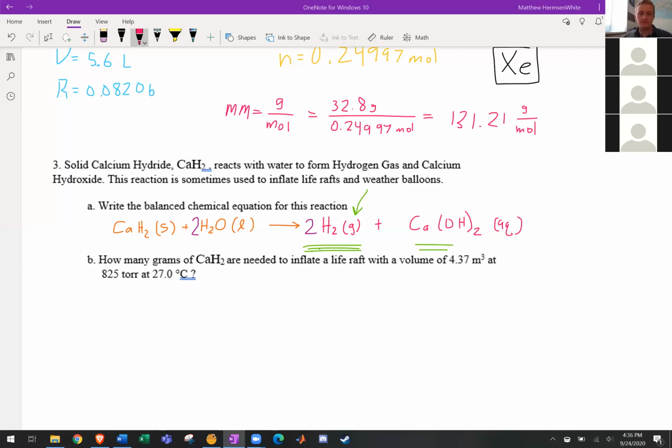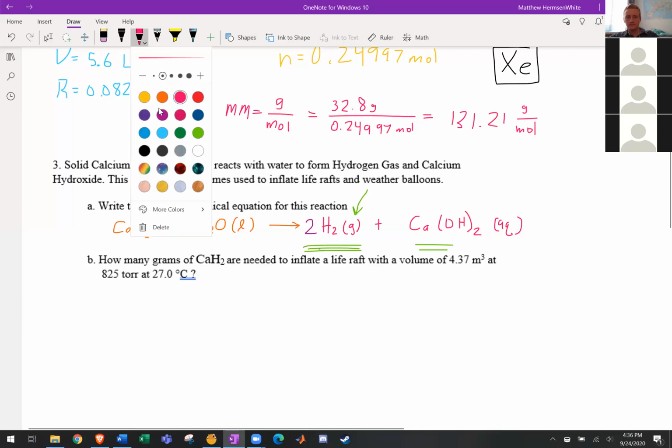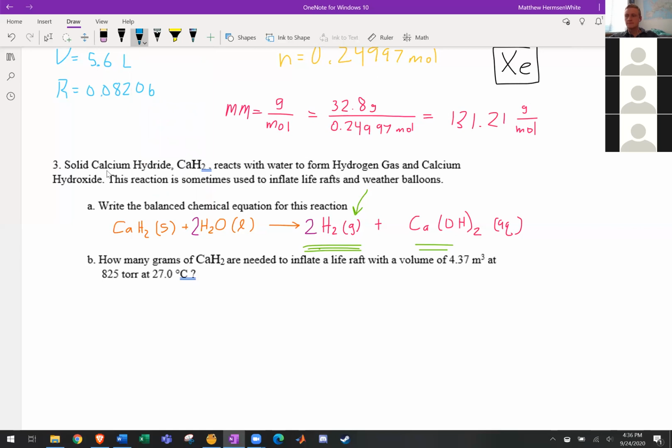So maybe you've had a minute to just think through strategies for this one. Is there anyone who would like to share what they think they would do to solve this problem? Well, let me share then what I would do.